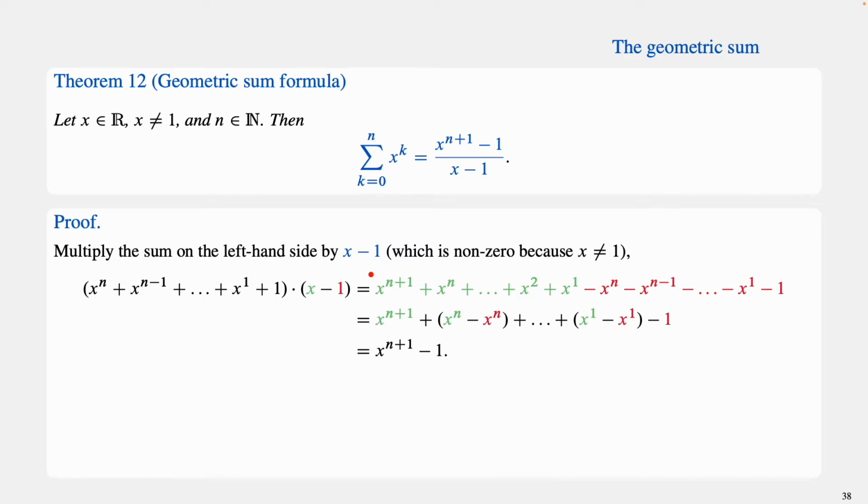Now, except for the first summand here and the last summand here, every summand here has a corresponding negative one in this bit here. So we can rewrite this sum as x to the power of n plus 1 plus x to the power of n minus x to the power of n plus, and so on, plus x minus x, and then we have minus 1 left, and so these all cancel each other out, and we're left with x to the power of n plus 1 minus 1.